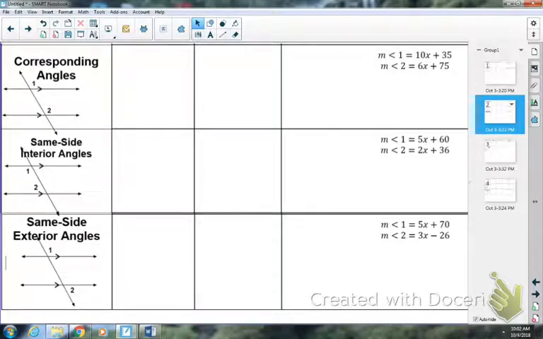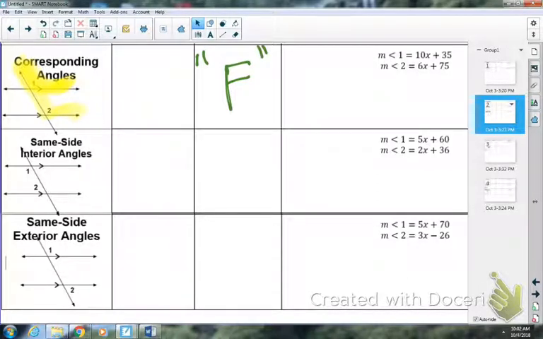So corresponding angles, if I trace them in the picture, they look like this. Now, there is a way to think of these that we haven't really talked about before. This is what I think of as an upside down F. If it doesn't look like that to you, you can go with something else.